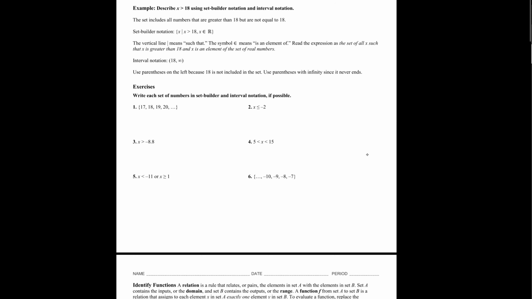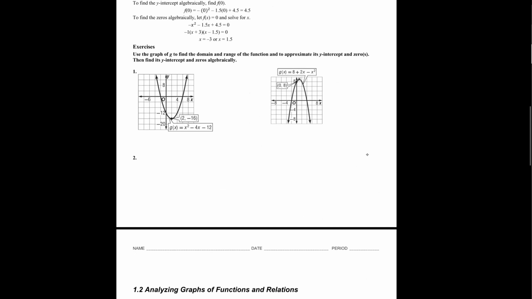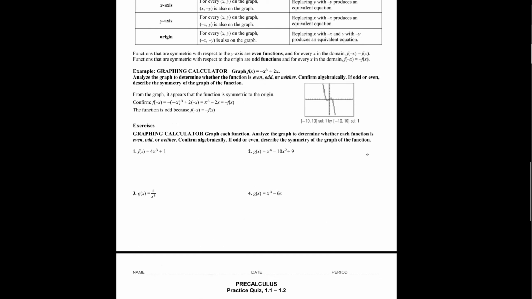I mean, this is good practice. I'm not going to give you a set builder on your quiz. Just good practice. Finding the value, this would be good for you to do. Analyzing graphs: intercepts, even, odd.